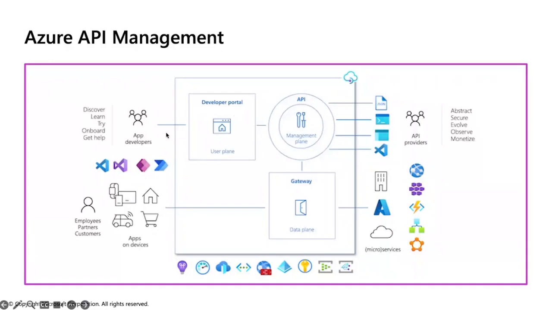Now, from the developer perspective, developers use the developer portal and connect to the management plane, and they use different portals to manage the different kinds of API-related management they want. So here we have these components working together.